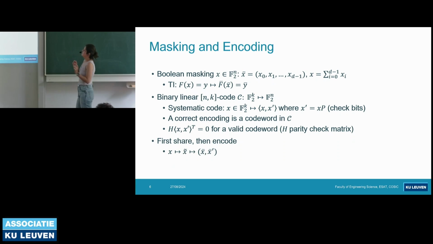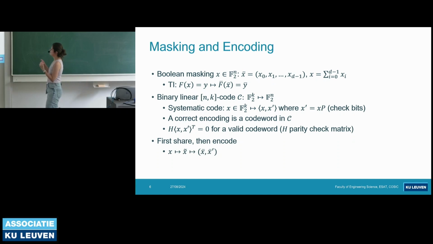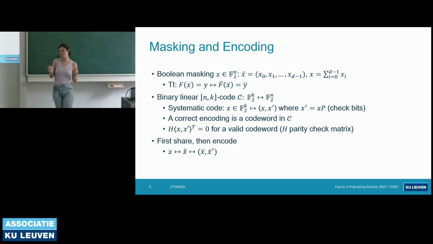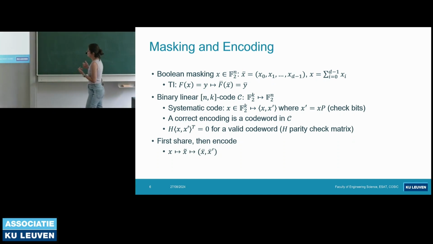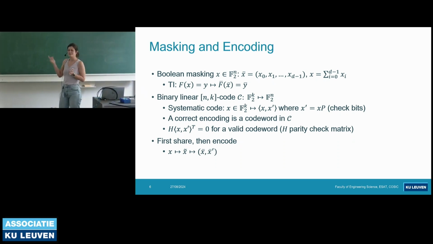Specifically, we make use of a systematic code, where a code word consists of data together with the parity bits. Here we use the matrix P, and we are going to see it later in the presentation. P is the matrix that we use to compute the parity bits. What we call a correct encoding is a code word in the linear code.